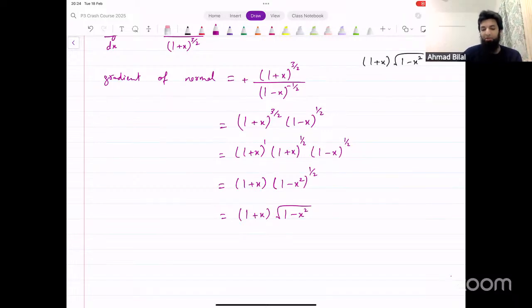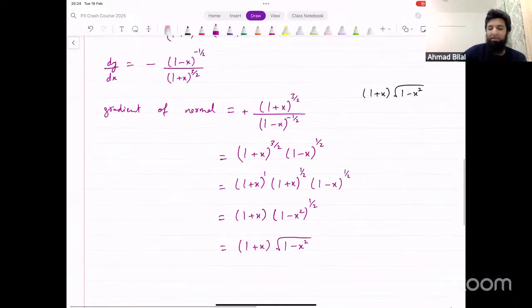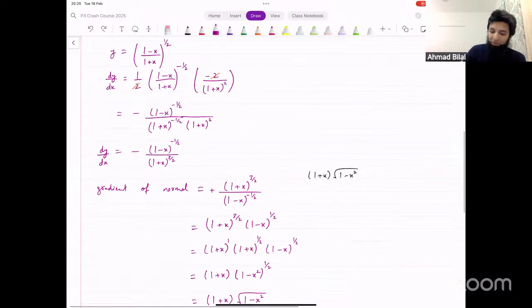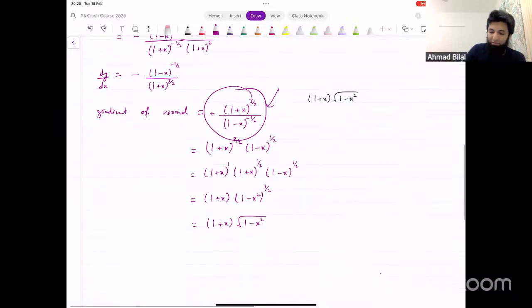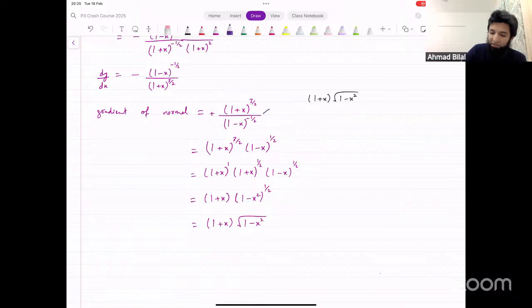Now that's pretty complicated, but the good news is if you get to this point, up to this point is pretty standard, right? You get 4 out of 5 marks already. And then converting this to the form that's given in the question would just be 1 mark.